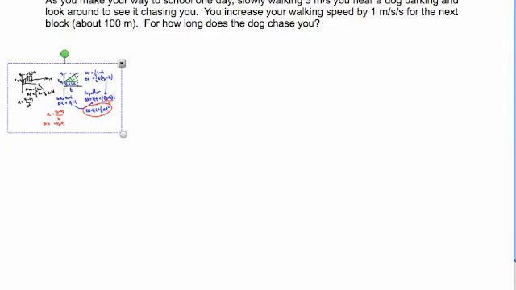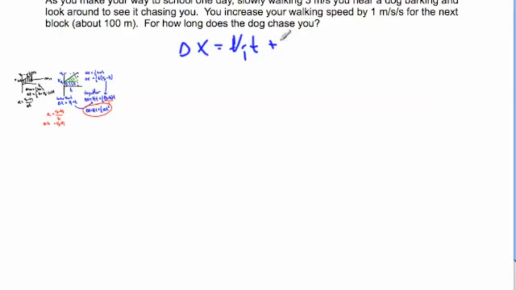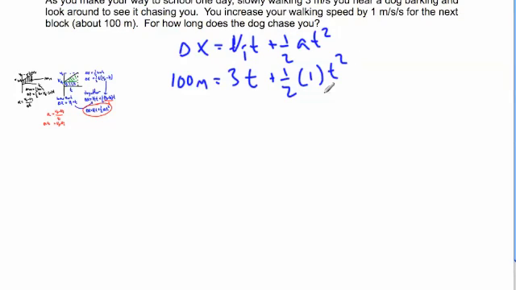Then let's come up and write down the displacement formula. Plus 1/2 AT squared. Alright, so in this case we have 100 meters of displacement, 3 meters per second of initial velocity times our time, plus 1/2 of our acceleration times our time squared.